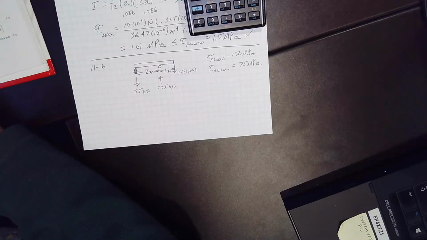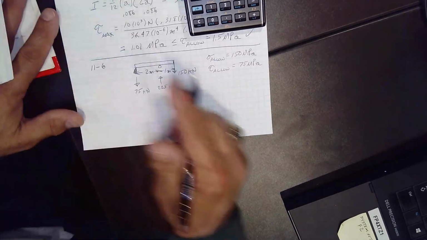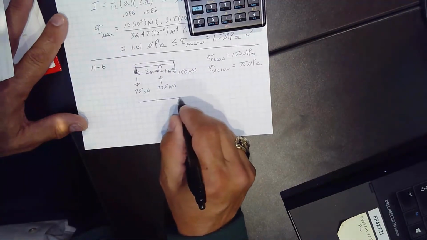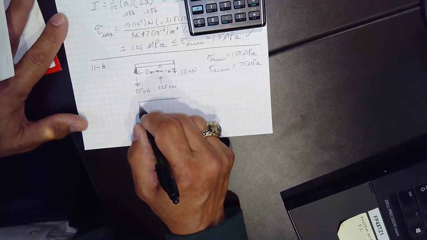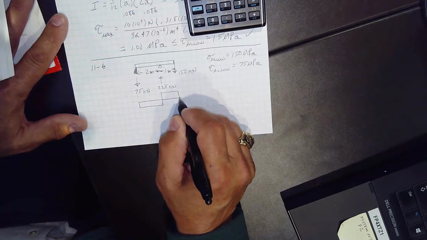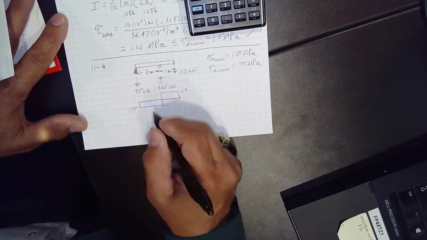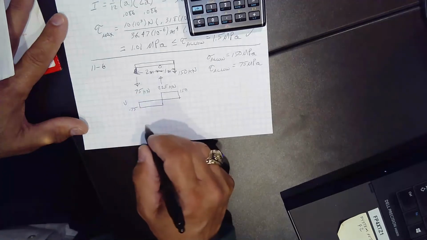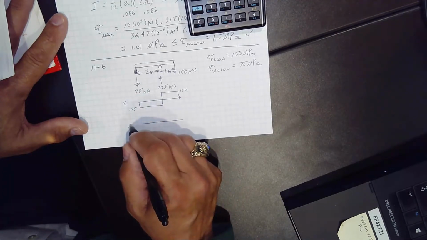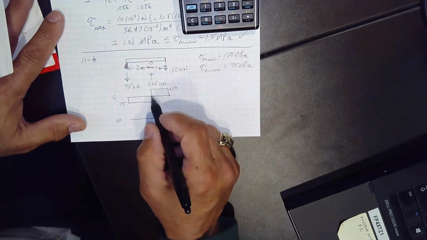And so what's our shear? Our shear is going to go down 75, go across here, then up 225 and across to here and down. So it's 150, and this is minus 75, right? That's the shear. And what's the moment look like? So it's going to be 150 times 1, isn't it?